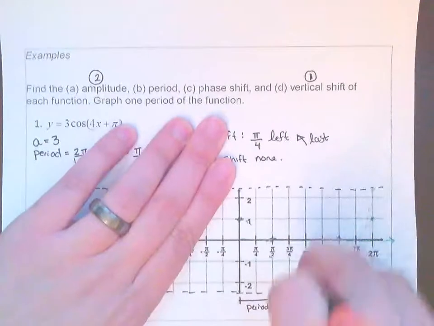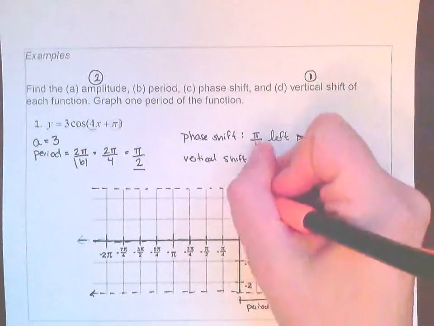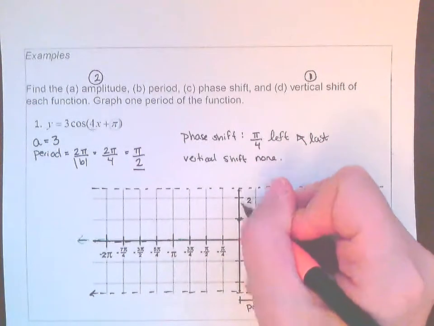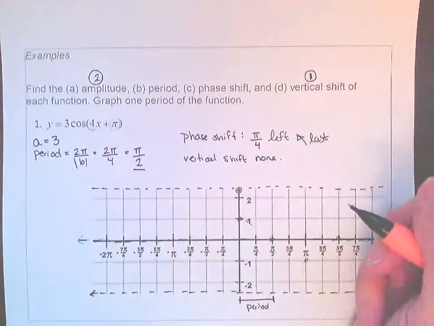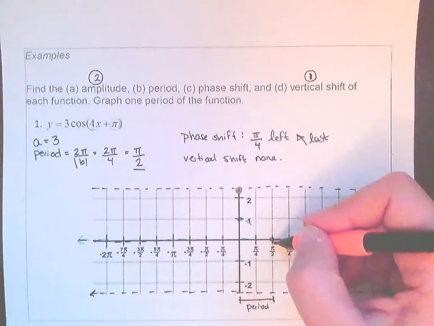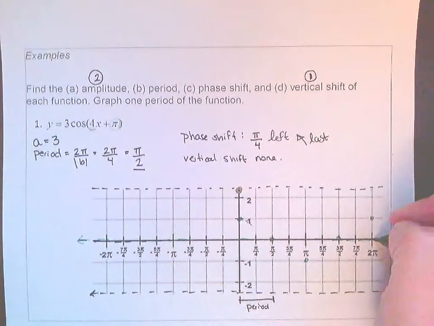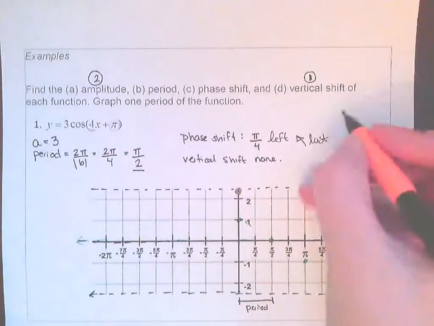But what that period does to it is it says, okay, originally the cosine function starts at 1, but because of the amplitude it's actually going to be starting up here, and it's going to be ending at pi over 2 instead of 2 pi, which is the original period.